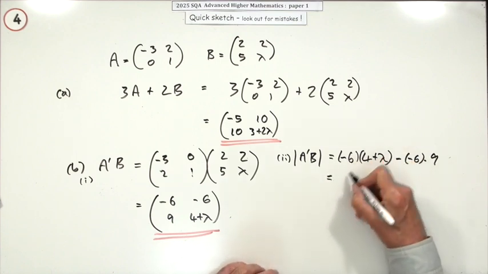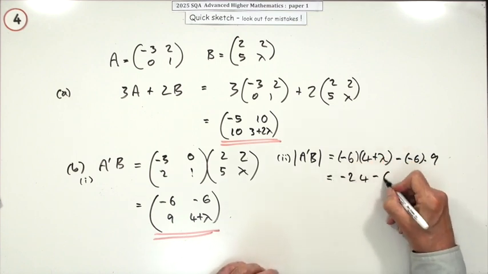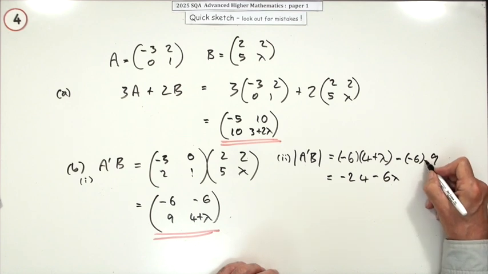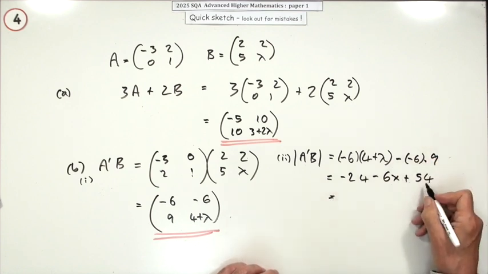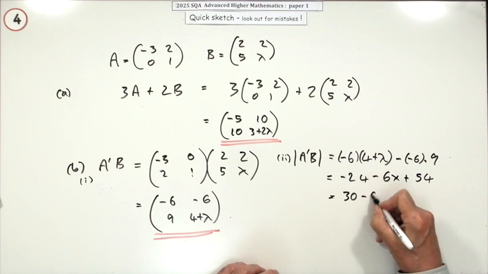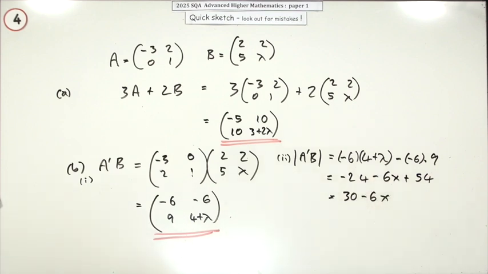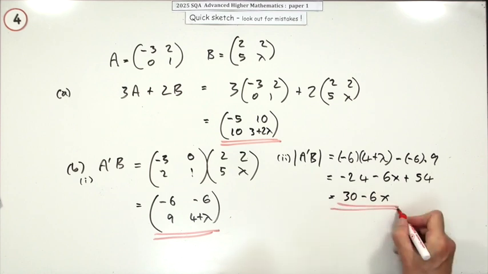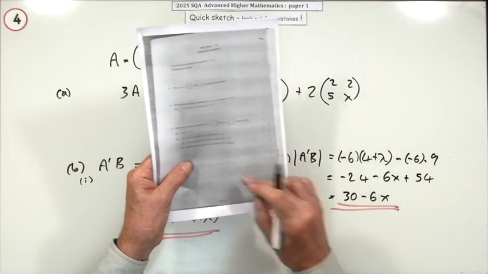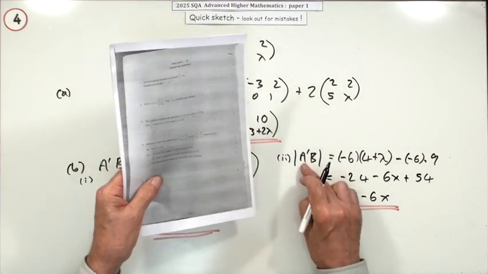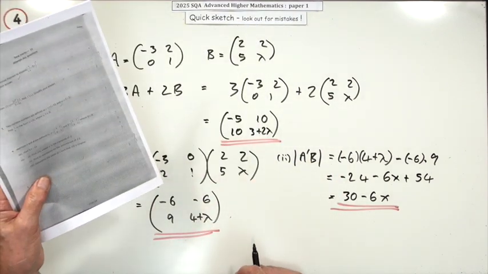So what's that lot? -24 minus 6 lambda, and then you've got a plus here, 54. So that will be 30 minus 6 lambda. Is that what it asks for? Find an expression. So there's a mark.